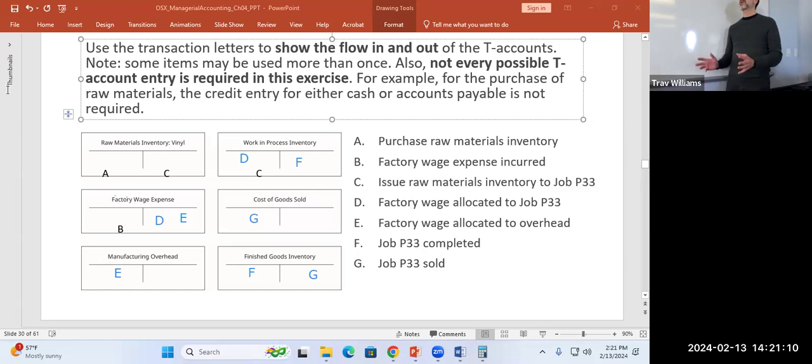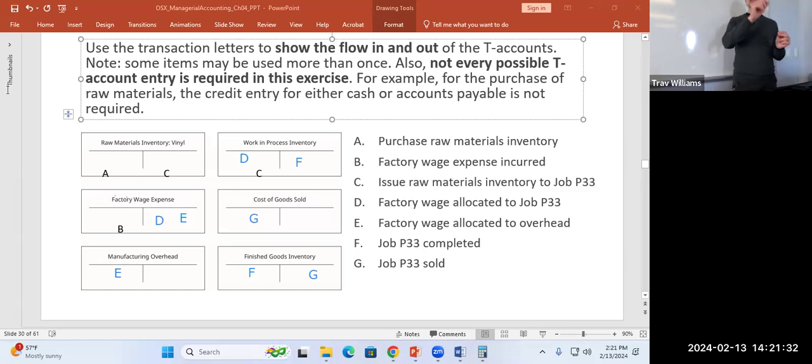So that's the process. First, any materials that come in become raw materials inventory, right? Any labor that occurs, if we don't know immediately where to apply it, just goes into the factory wage expense account.